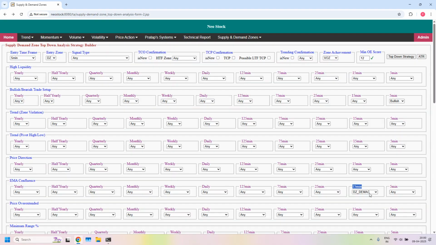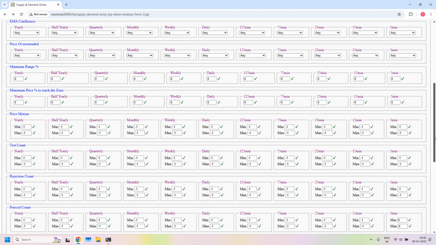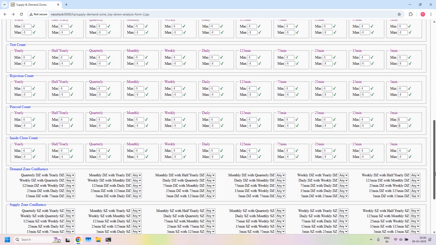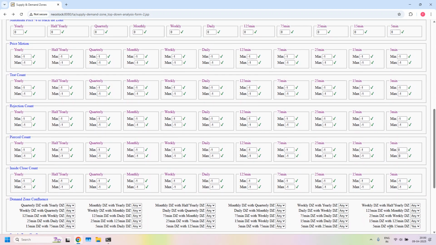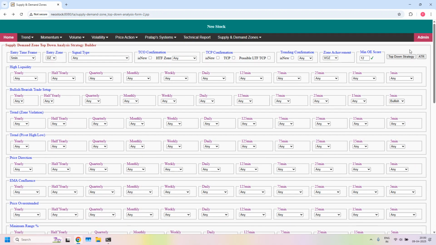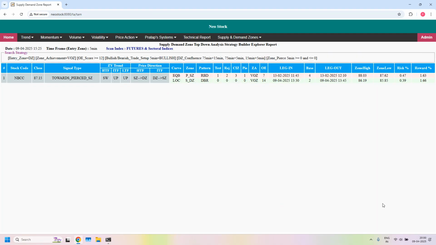So next let us look into LTF, ITF, HTF demand zone confluence, that is 15 minutes, 75 minutes and 5 minutes. The first one is already enabled. Next, 5 minutes with 75 minutes and 15 minutes with 75 minutes. With all 3 filters, we got 1 stock. The trend is sideways, so no need to check EMA, it won't give any advantage.